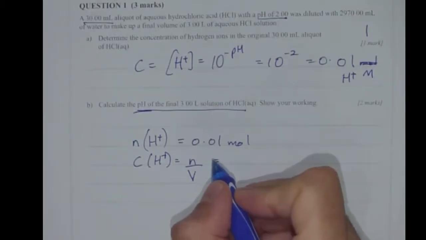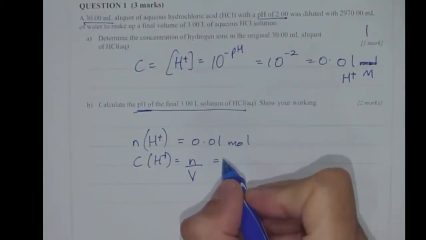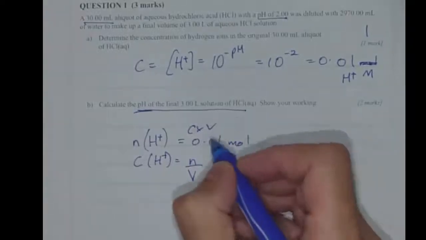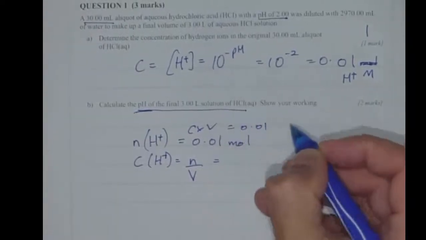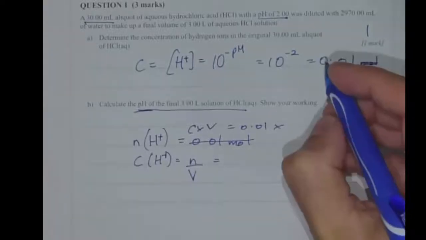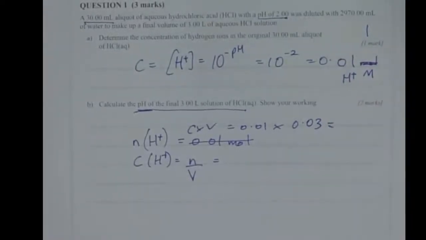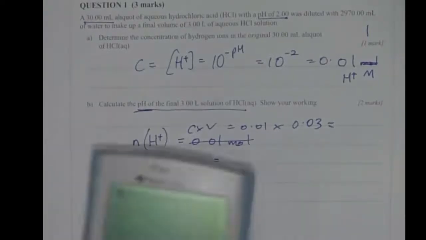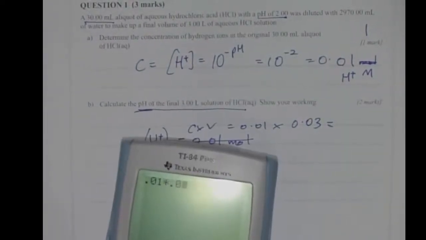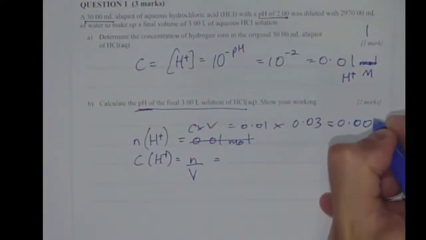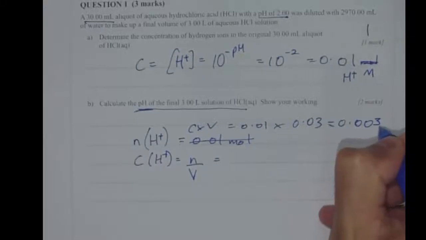So that's the concentration. C equals n on V. I need to know the number of moles. The number of moles is C times V, which equals 0.01 times 0.03, which is 0.0003 moles.